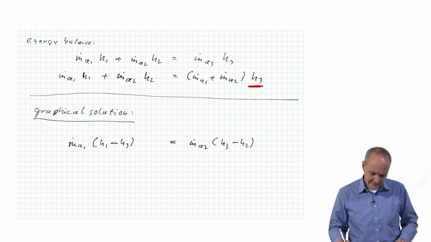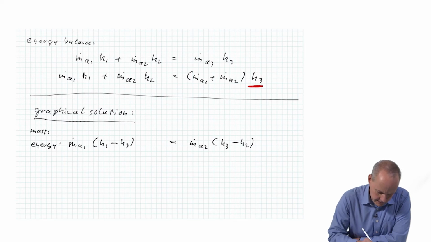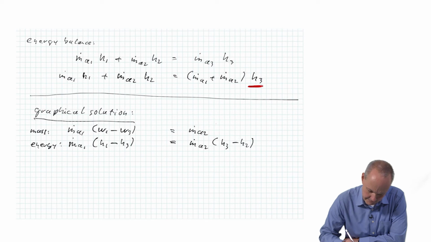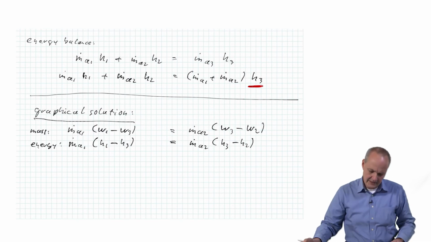So from the mass balance, I find m dot A1 times W1 minus W3 is equal to m dot A2 times W3 minus W2. Okay, so very nice.